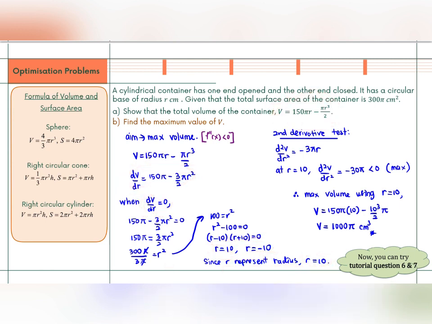Then we perform the second derivative test to clarify that when R equals 10, our second derivative gives a negative value, so it is a maximized volume case. Therefore, we conclude our answer: the maximum volume using R equals 10 is this one. Okay, so that's all for optimization problems.